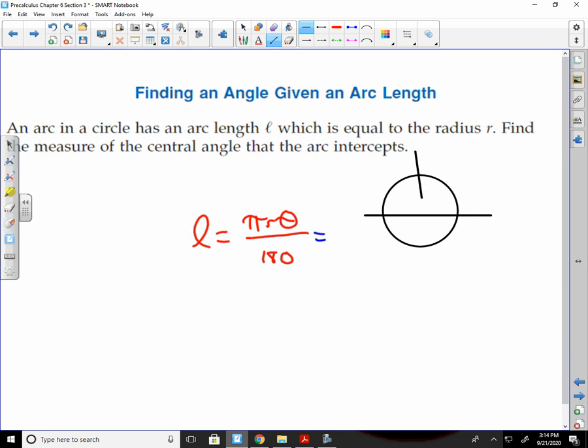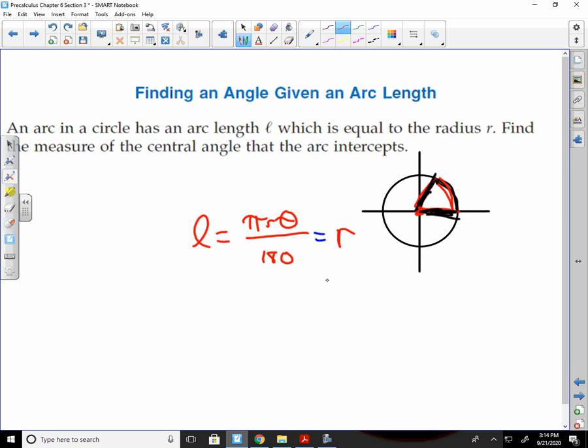I'm trying to come up with a circle where my radius, or this length here, is the same as the arc length, what this would be. So I'm needing this to be the same as these in here. So I'm just going to set this equal to r.